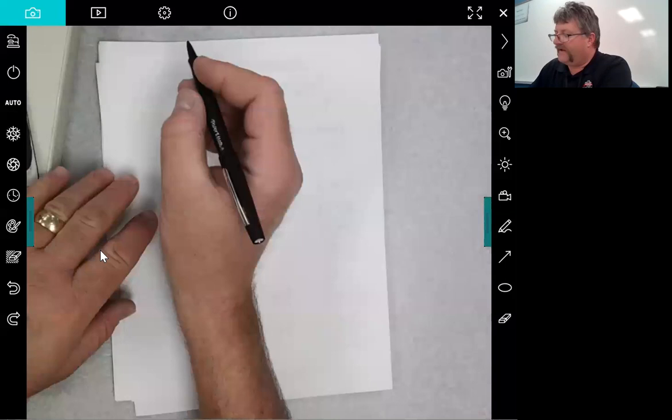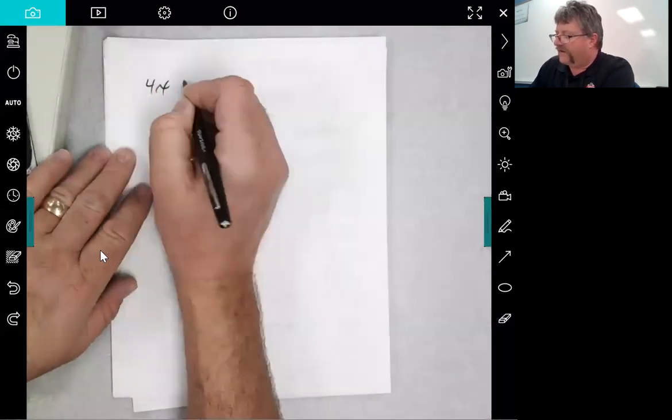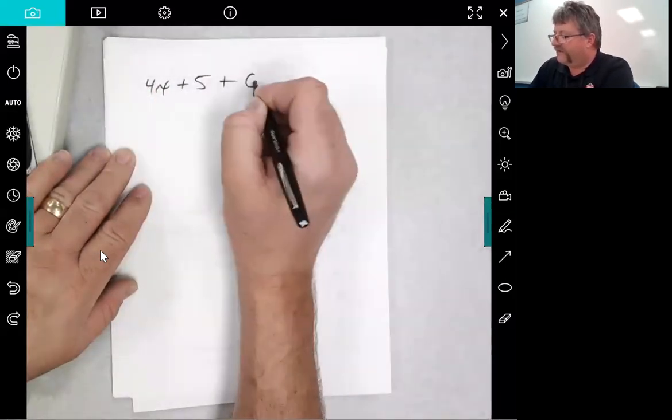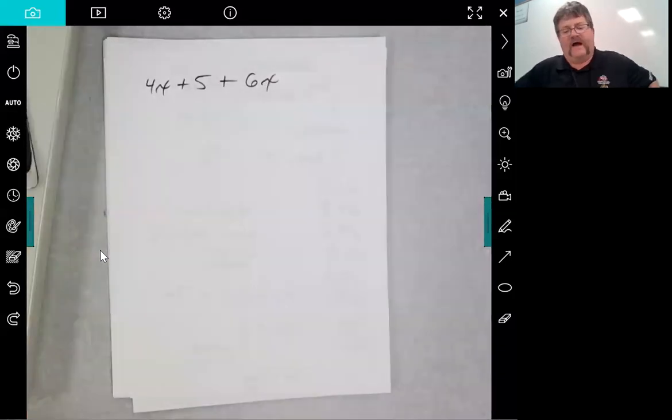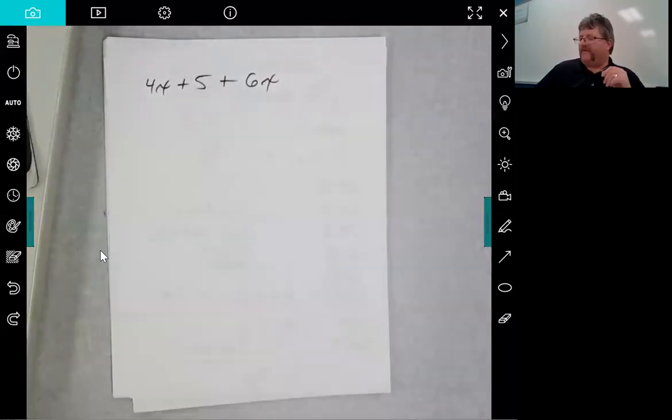Okay, how about if I have this? 4x plus 5 plus 6x. Now, I've got this 5 in the middle, but I've got the 4x and the 6x that I should be able to put together, right? Well, we're going to learn something called the commutative property that allows me to shuffle stuff around.